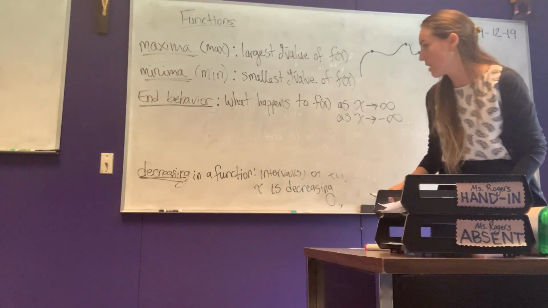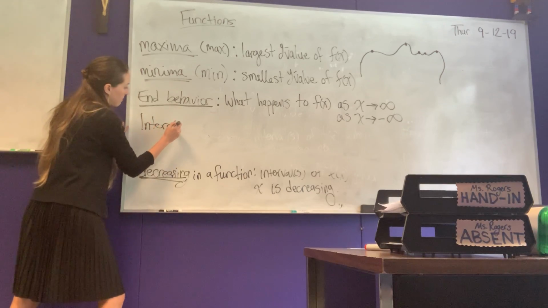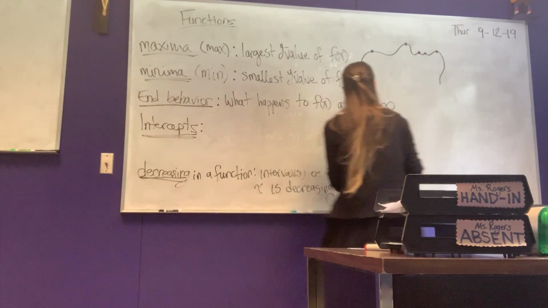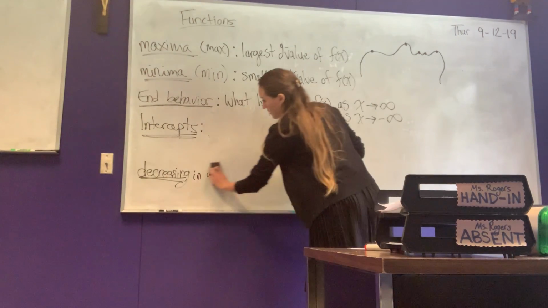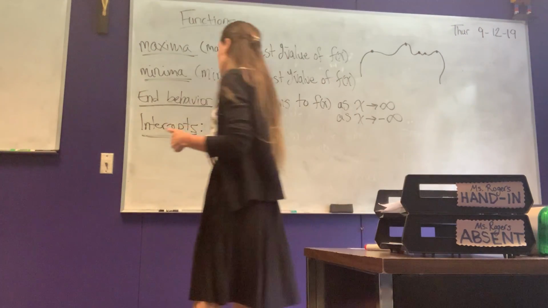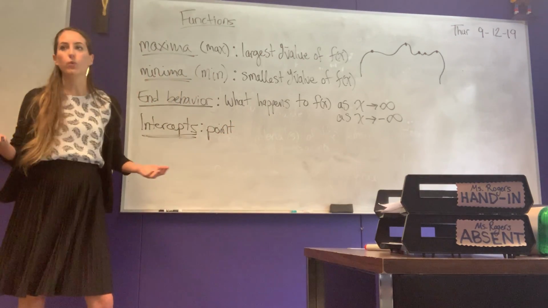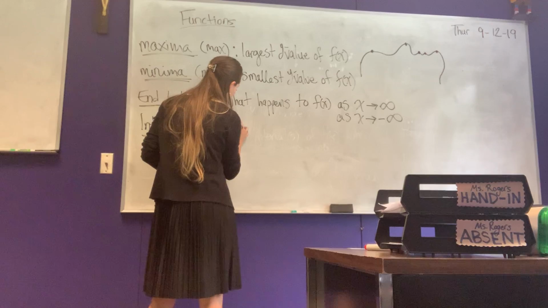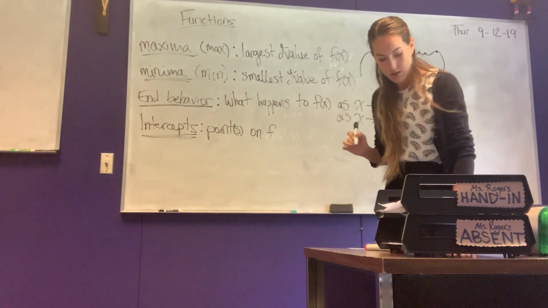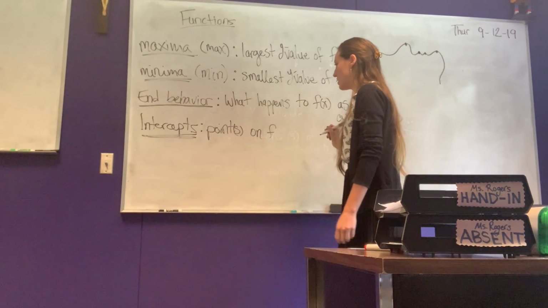One last vocab, and we're going to sketch. Intercepts. Intercepts are going to be the points. Point or points. I mean, it might be one. It's usually more than one. Points where the graph crosses the x.